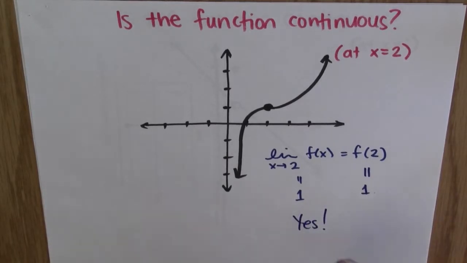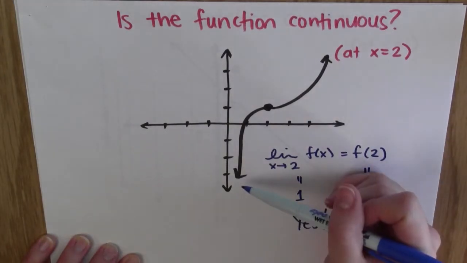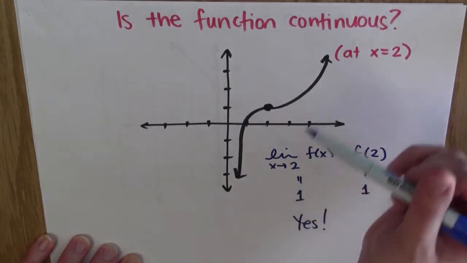I could look at all the other points on the function as well and ask myself the question, is the function continuous at every point, which is the same as, is the function continuous? And I can see that the graph of the function doesn't have any other interesting features, right? These arrows mean the function continues along without any interesting features.